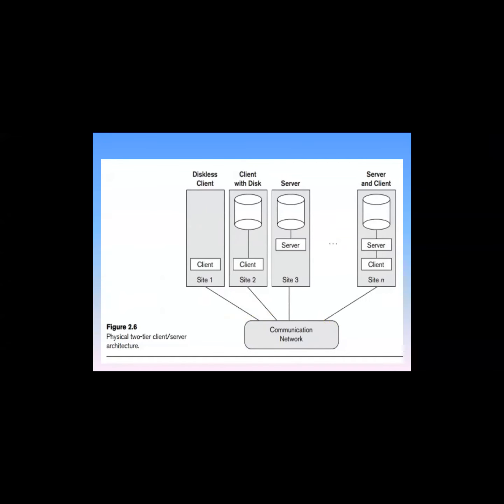This is also the example for client server architecture and, at the same time, two-tier architecture. If you observe here, there is a communication network with clients and servers. These are connected to one another according to the need, and here we are not maintaining the database functionality at only one place.